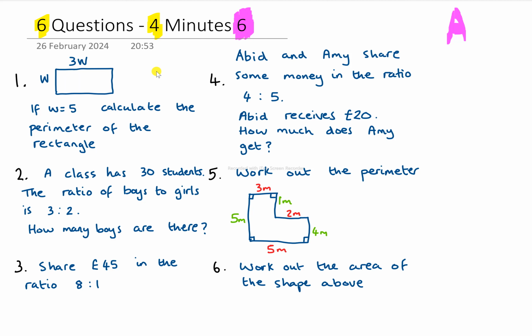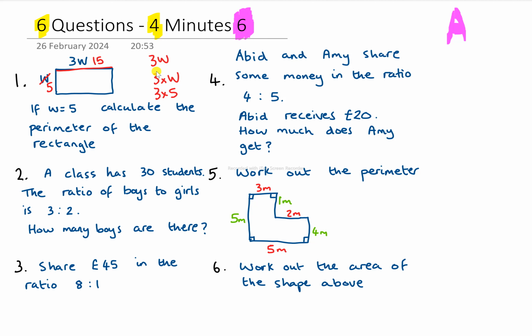So what you quickly do is you replace W here with 5, and 3W, remember we said 3W means 3 times W. So it means 3 times 5. So this bit here is 15.